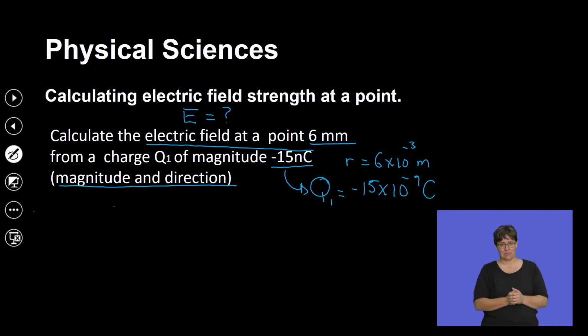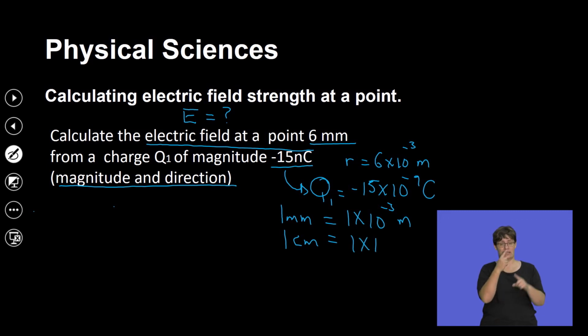Right, so before we look at the actual calculation, there are different units. In reality, a millimeter is 1 times 10 exponent negative 3 meters. The SI unit is the meter, right? And a centimeter is equal to 1 times 10 exponent negative 2 meters.